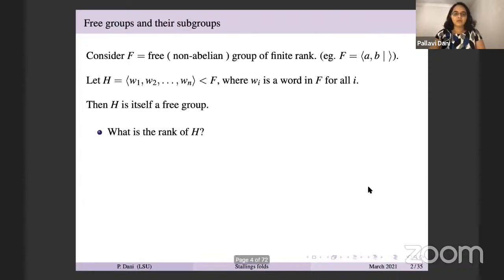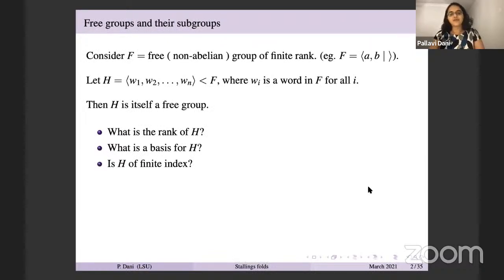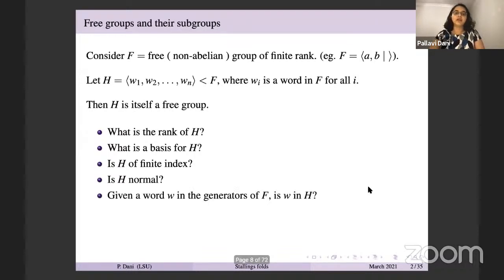So the first question that one might ask is, what is the rank of H? And on a related note, what's a basis for H? In other words, what's an actual set of elements that generate H where the number of generators is actually equal to the rank? And then there's lots of other group theoretic questions that you can ask. For example, is H finite index? Is H normal?